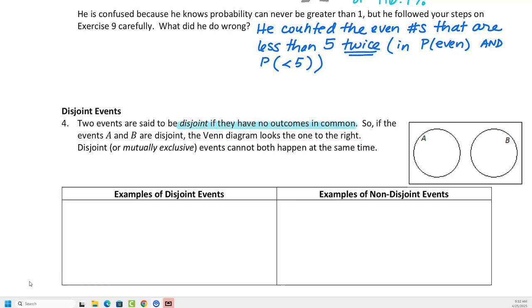So you can see if we look at the 2 circles here, there is no overlap. So the events A and B are disjoint in the Venn diagram. Another way of saying that is disjoint or mutually exclusive events cannot both happen at the same time.